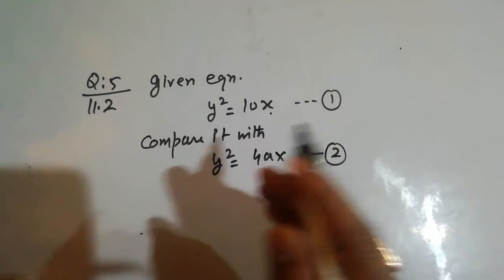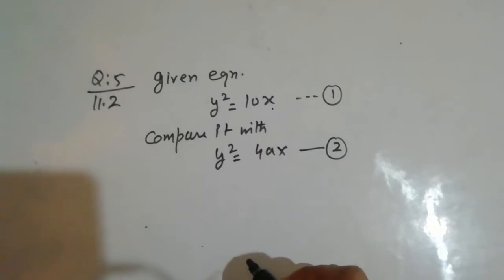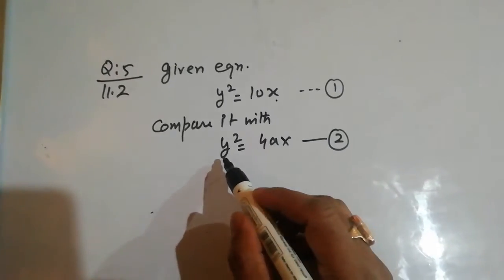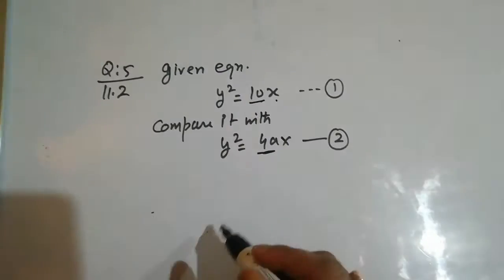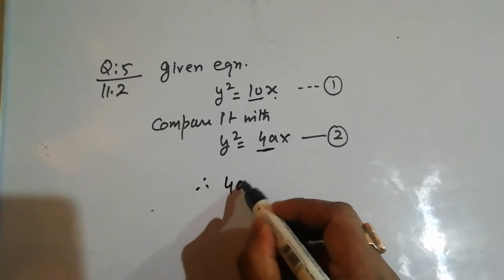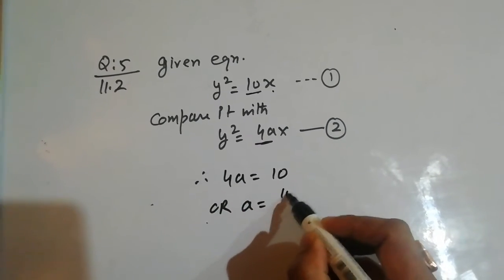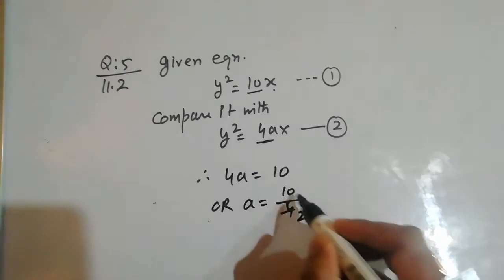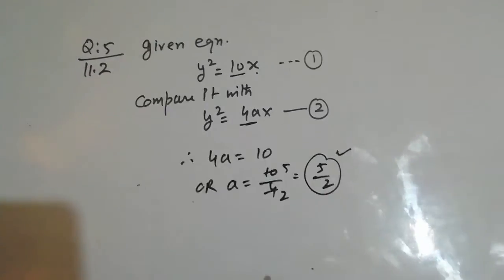It means the parabola is along the x-axis only, and as it is positive, it means the right-handed parabola is this one. So here we are comparing it with the right-handed parabola. Now see here, 4a is equal to 10, so we have 4a equal to 10, or the value of a is 10 by 4, that is 5 by 2. Now the value of a is 5 by 2.